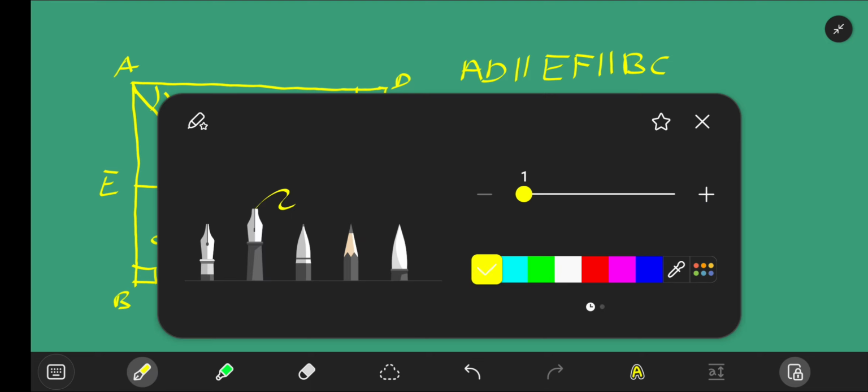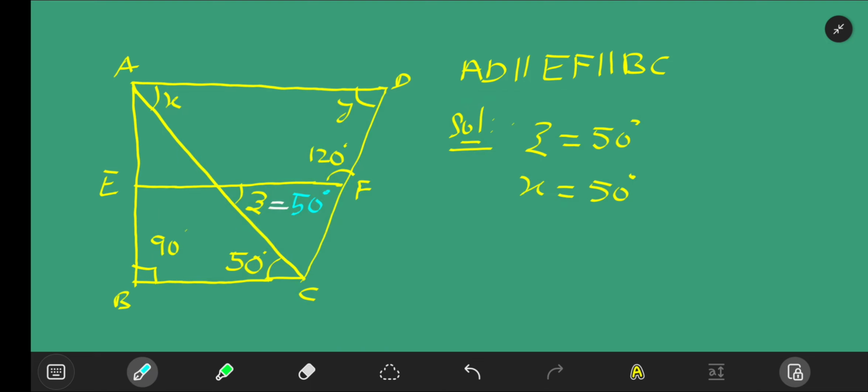Now here, this complete angle, this straight angle is 180 degrees. As we know, a straight angle always forms 180 degrees.